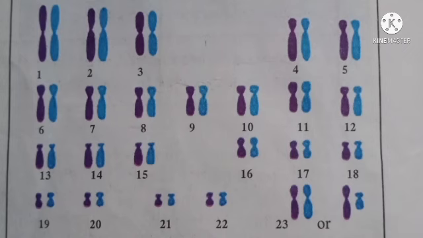So we all know the 23rd pair present in human beings is the sex chromosome, which indicates whether the individual who is going to take birth will be a baby boy or a baby girl. That's why this sex chromosome is very important for the birth of a baby boy or baby girl.